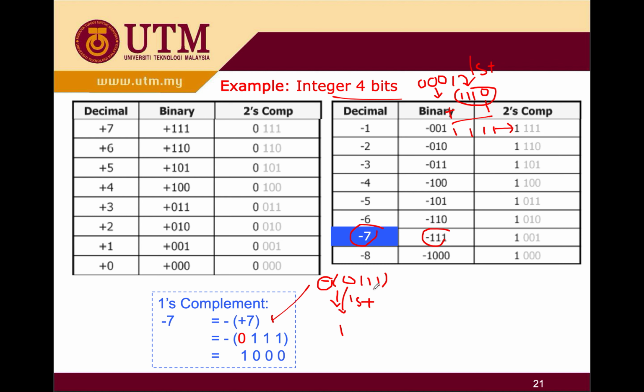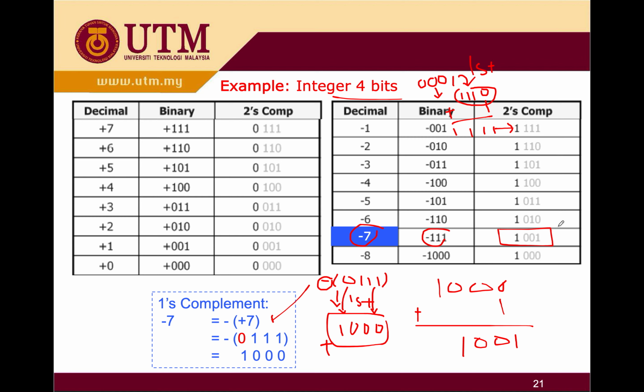If it is 1, you change into 0. So 1 0 0 0. This is the first complement. After that, you add 1. So you add, you get 1, 0, 0, 1 for the second complement. Quite easy. Please try it.